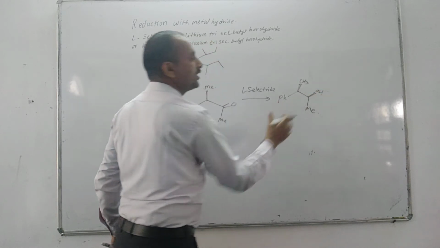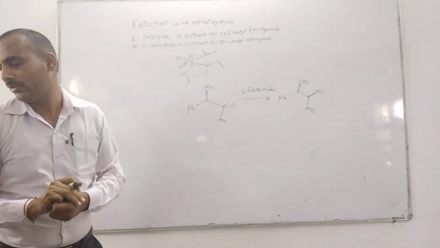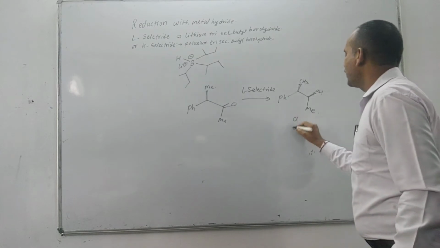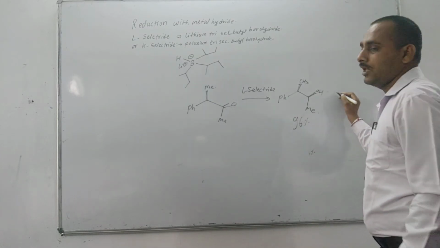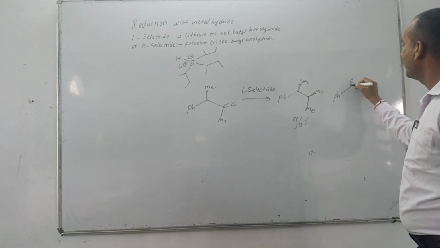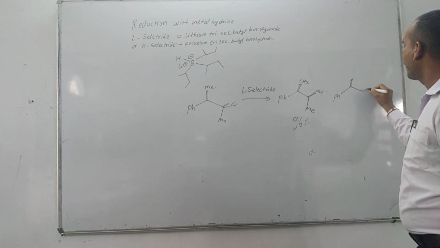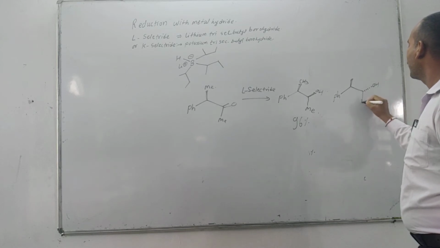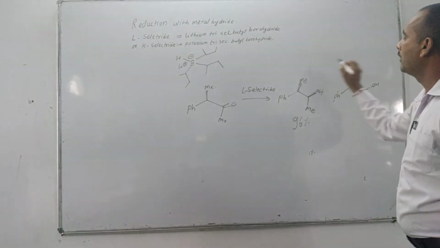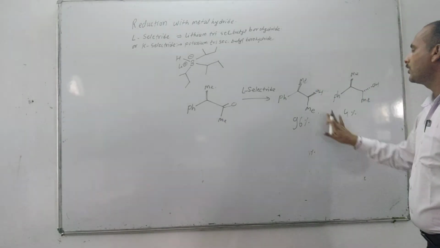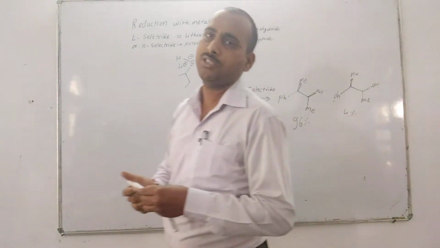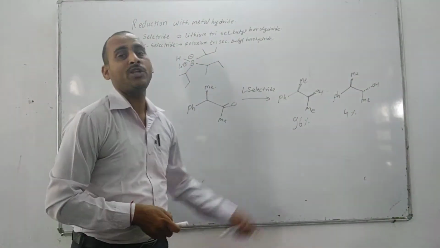So this product is obtained stereoselectively as the major product. That means two diastereomers are obtained: this product is 96%, and the other product obtained is Ph, CH3, OH, Me, is 4%. So the reaction is stereoselective, in which one diastereomer is the major product.